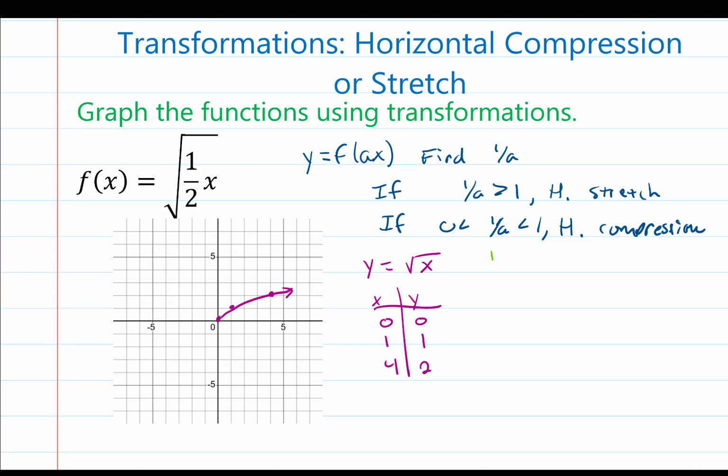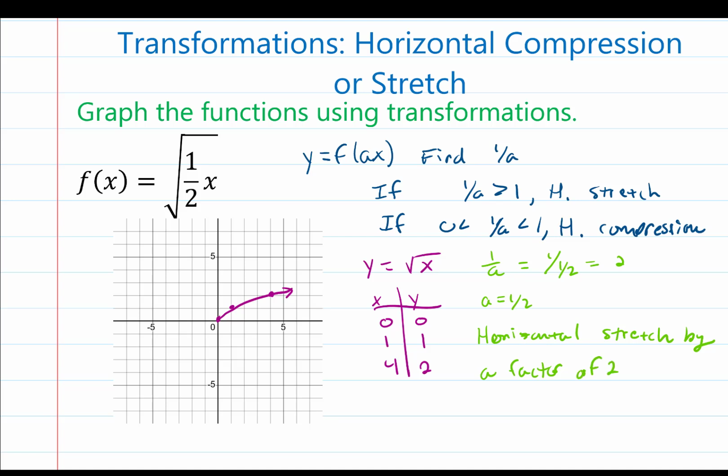So my first step is to find 1 over a. Well, if a is equal to 1/2, then what I have for 1 over a is 1 over 1/2. Simplifying that, it's equal to 2. That means that 1/2 actually represents a horizontal stretch by a factor of 2.